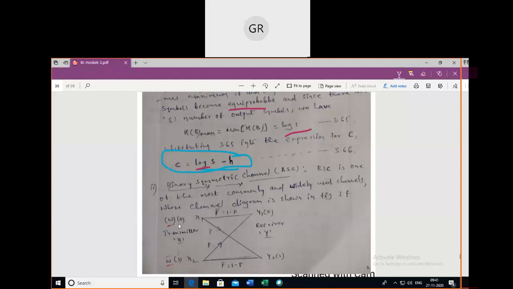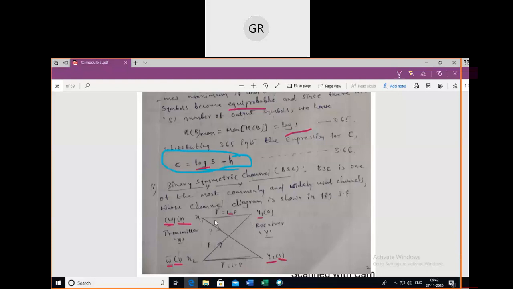For x1 the binary value is 0, for x2 the binary value is 1, and their probabilities are W and W bar. Then x1 to y1, where y1 takes the value 0 and y2 takes the value 1. The conditional probability from x1 to y1 is p bar, that is 1 minus p, just remember.